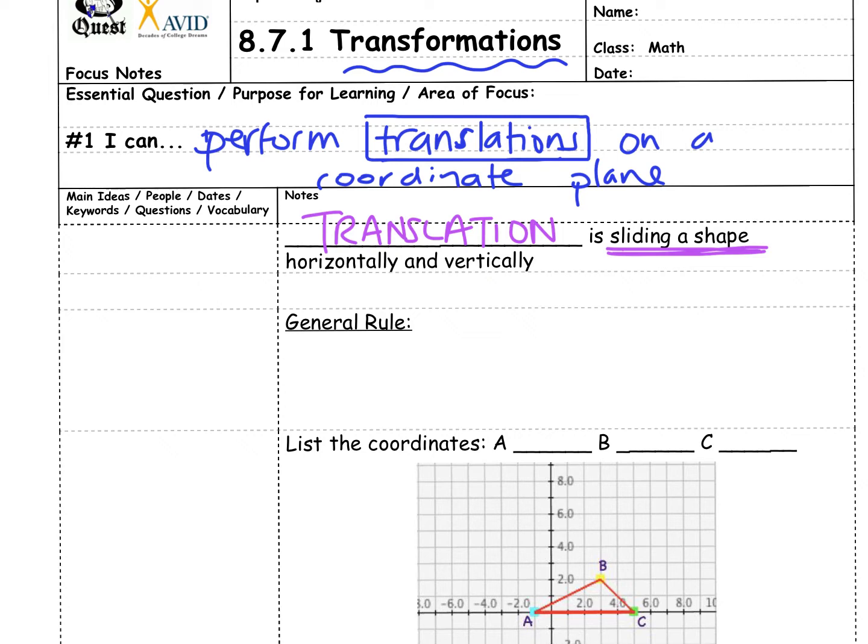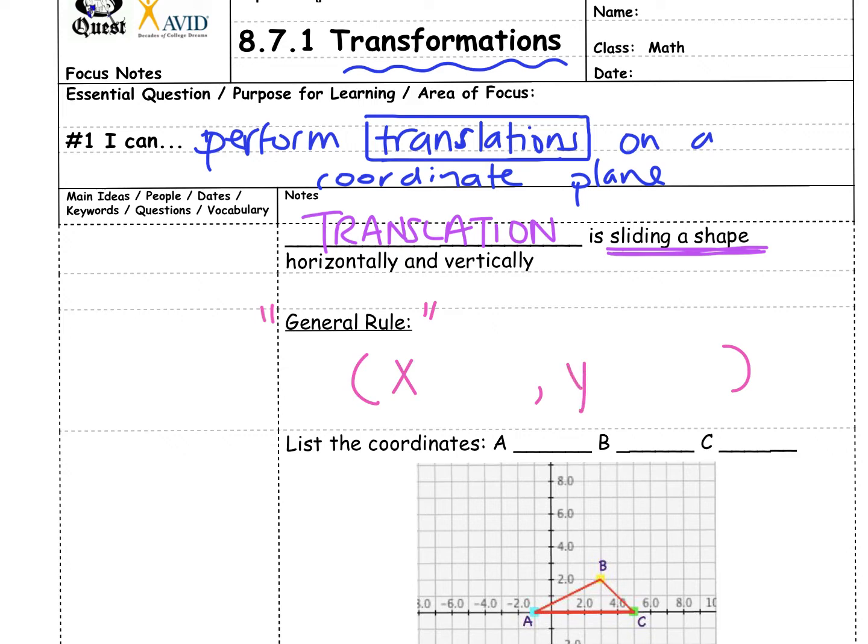And then when we talk about transformations, we always have a general rule. This general rule applies to any problem, any graph, any shape. It tells us how my X and my Y coordinate are going to change. So it's always going to look like an ordered pair where we have our X value and our Y value.